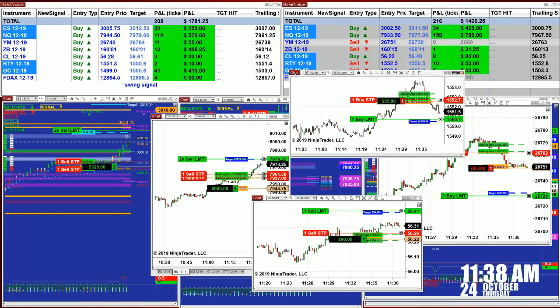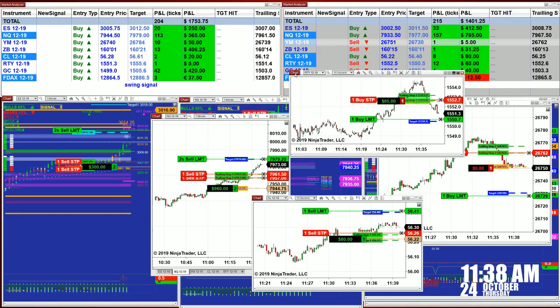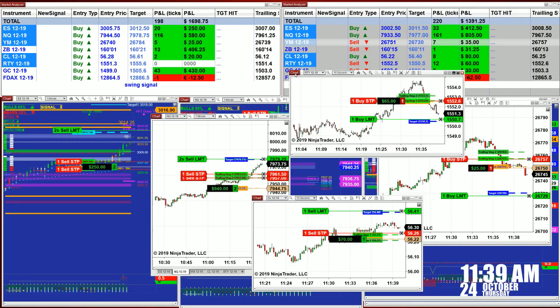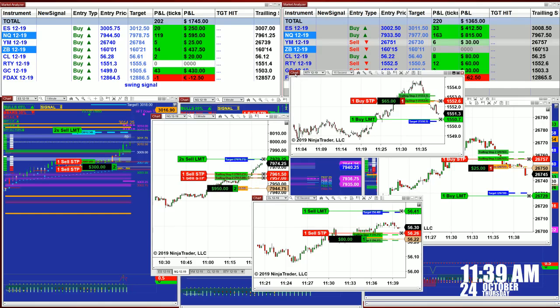And if you want to swing, you can swing the trade, whatever. So there we go. We are about to close the ES. We are about to hit the ES.